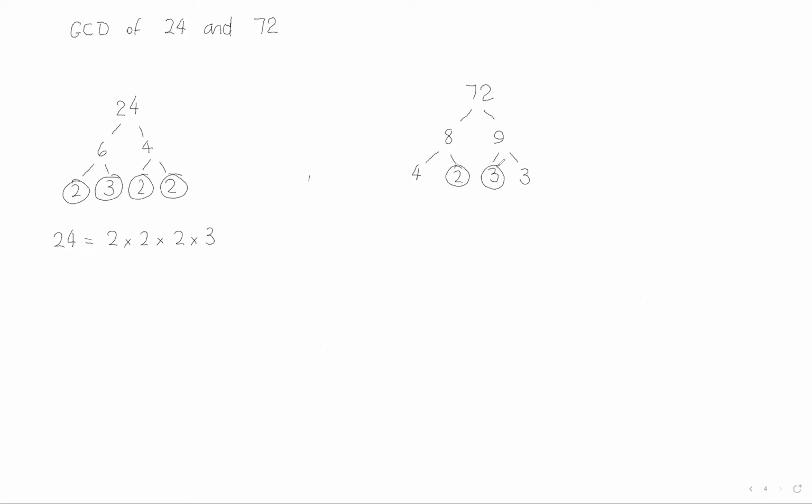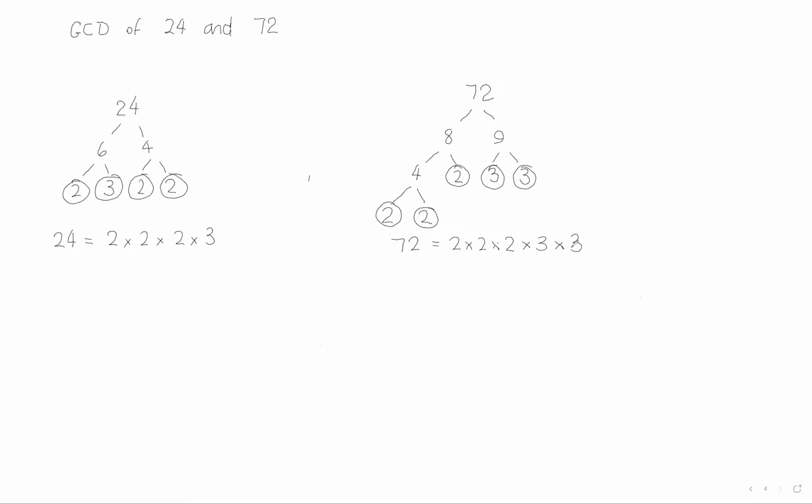So 2 is prime and 3 is prime. 4 is not. I can still factorize 4 into 2 primes, which are 2 and 2. So 72 is equal to 2 times 2 times 2 times 3 times 3.